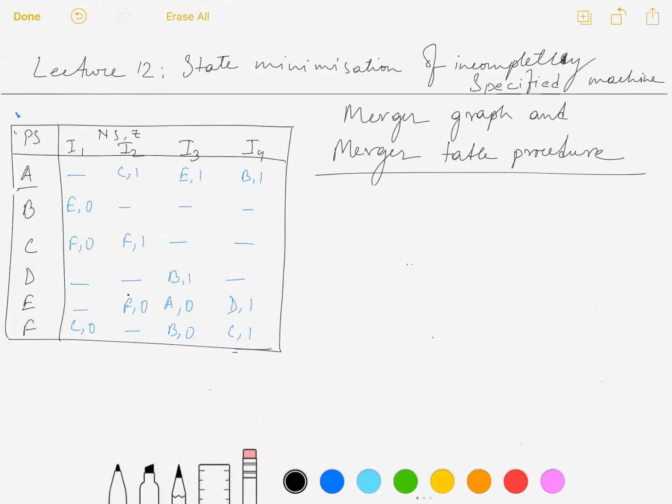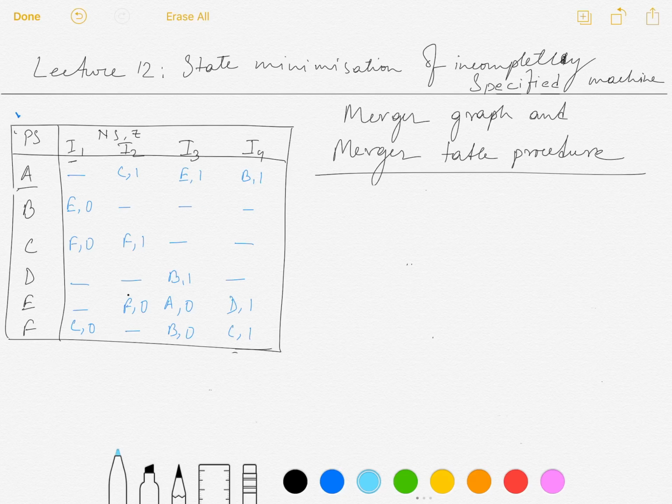Suppose in case of state A, if I give the input I1, then you can see that the outputs are not specified for I1. Similarly, for B, I2, I3 and I4 inputs, the outputs are not specified.